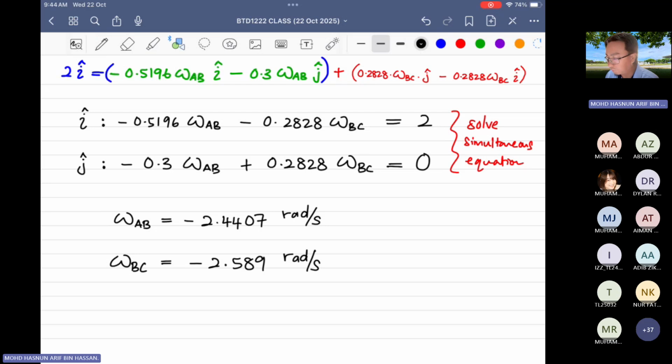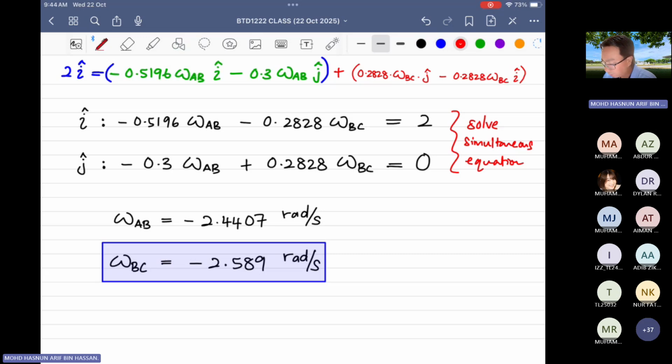So basically, we have solved the question here, because the question wants us to calculate omega BC. So this is basically omega BC. And you can see that both answers have negative value.